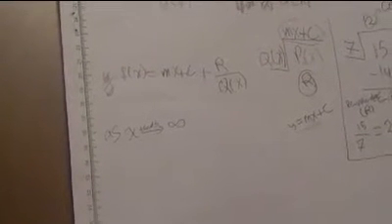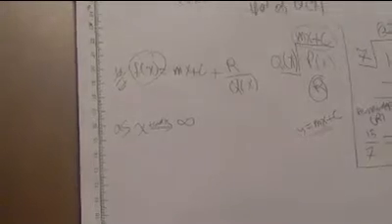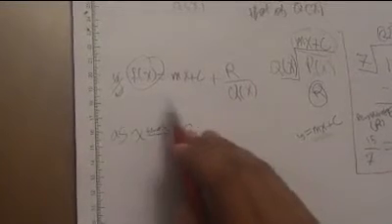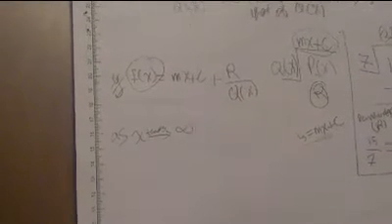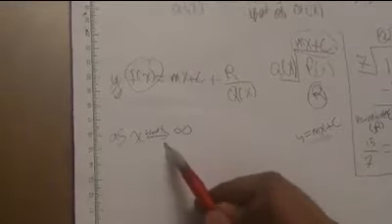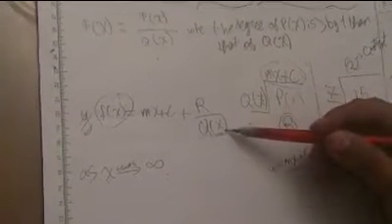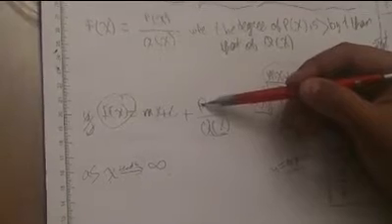Can you predict with me the value of f of x or y? Please try to answer it alone. As x tends to infinity, q of x is a function in x.